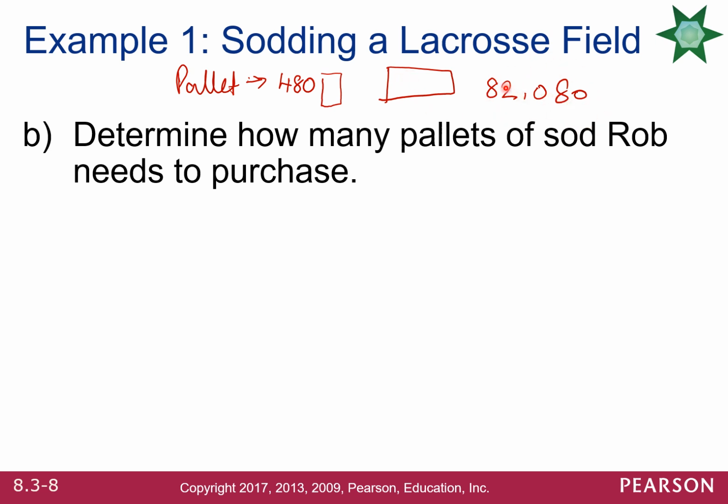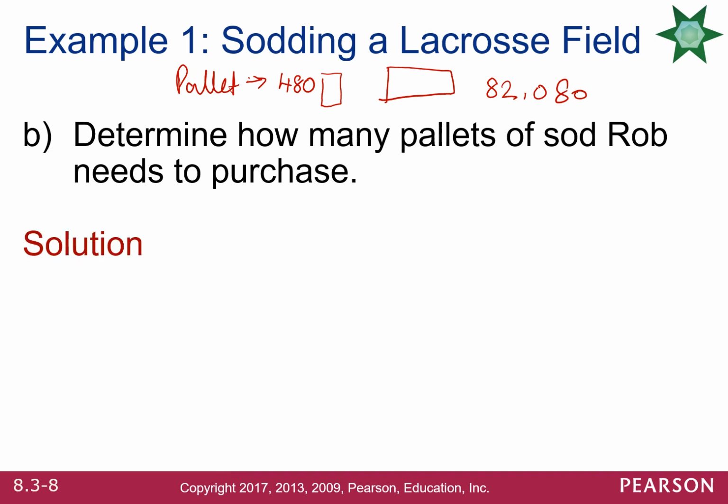So what we need to do is take this value, 82,080, and divide it by the size of the pallet. The area that needs to be covered divided by the area of each pallet would give us how many pallets Rob would be needing.